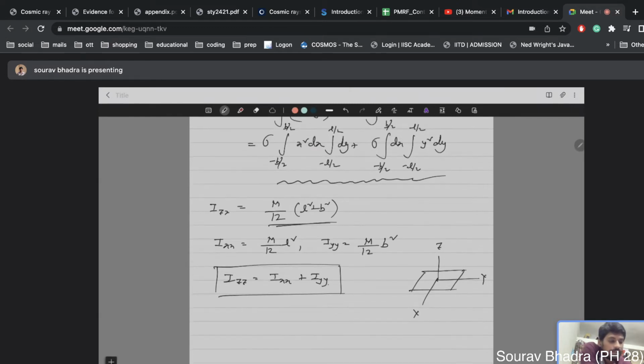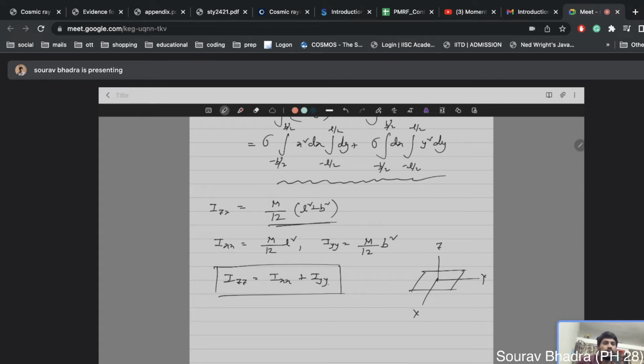So you can see, the moment of inertia of that particular sheet rotating around the x axis plus the y axis, these two terms are actually the rotation along the z axis. So your perpendicular axis is z, that means the moment of inertia along the perpendicular axis is the sum of the other two axes, which lie in the plane in which the sheet actually is.